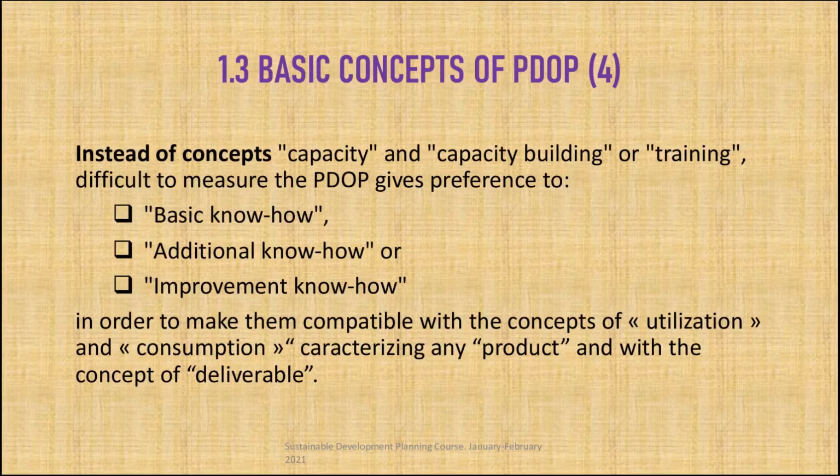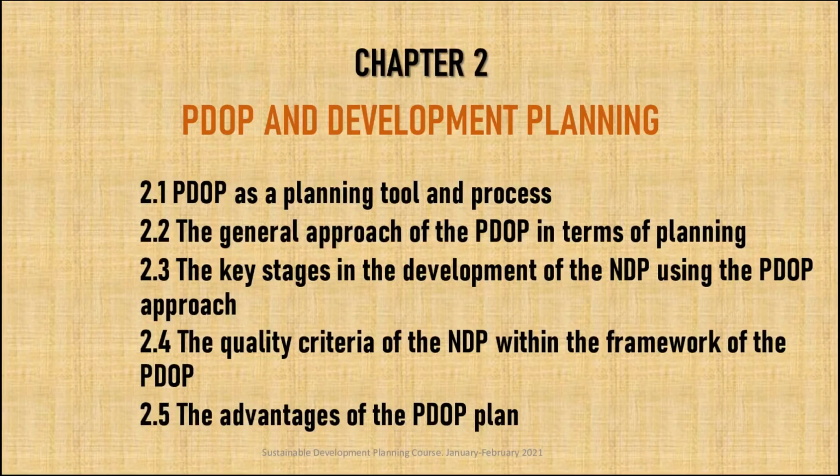In addition, instead of conceptual capacity building or training, which are difficult to measure, the PDOP gives preference to basic know-how, additional know-how, or improvement know-how in order to make them compatible with the concepts of utilization and consumption characterizing any product and with the concept of deliverable.